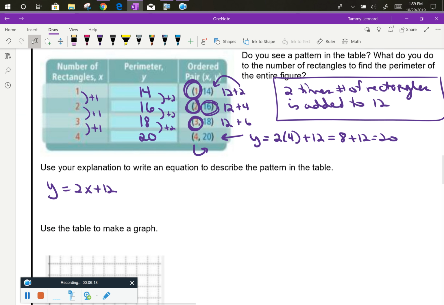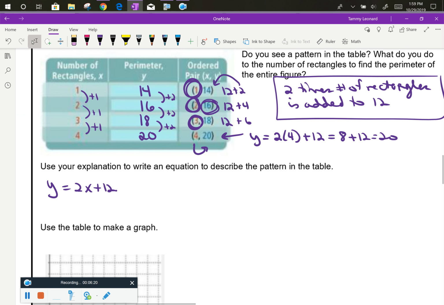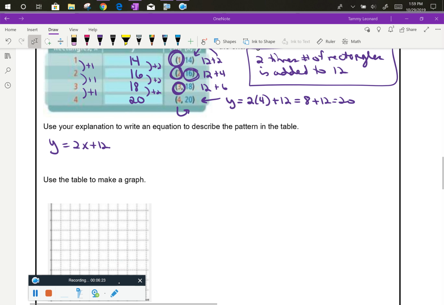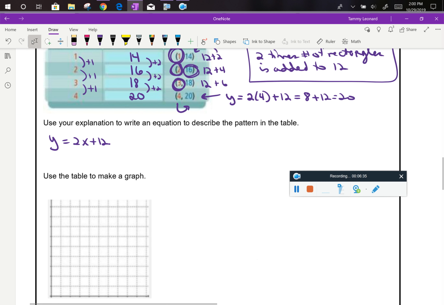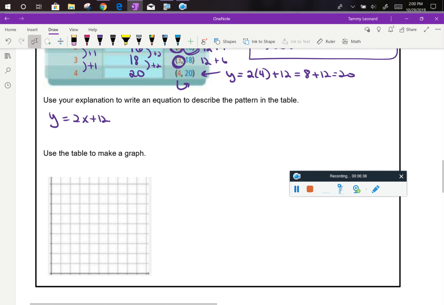Finally, we're asked to represent the same relationship with a graph. And that really just means take the points you found in the table and make a graph. Now, this grid happens to be pretty small, so we're going to have to be a little flexible with our scale.